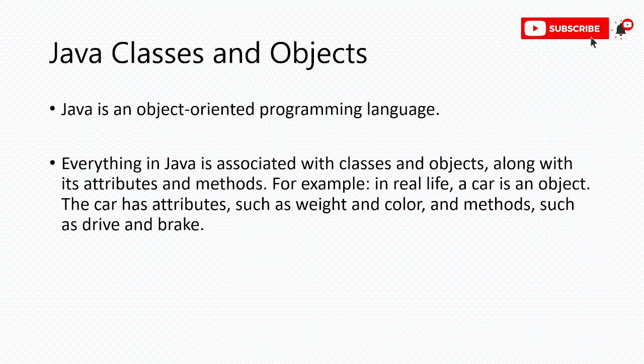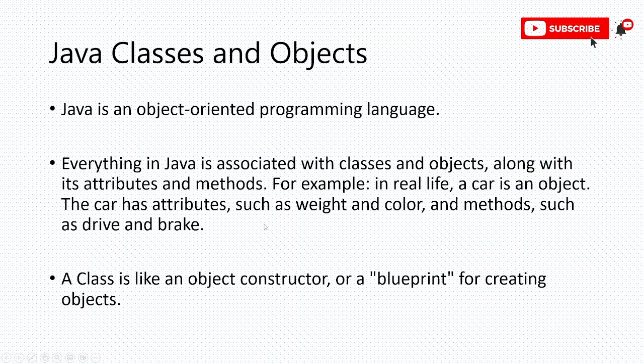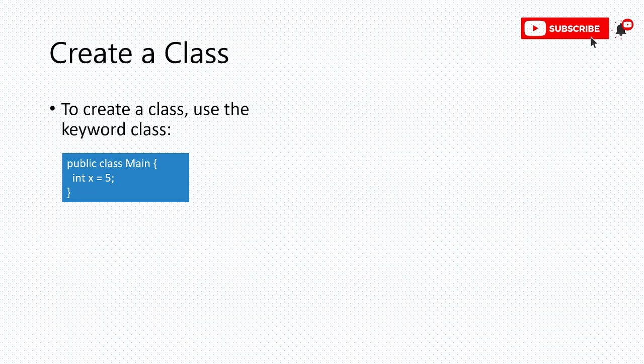The car has attributes such as weight and color, and methods such as drive and brake. These are the members of the class. A class is like an object constructor, or the blueprint for creating the object. Same as what I said about the building, you create a blueprint and you can instantiate multiple objects out of that blueprint.